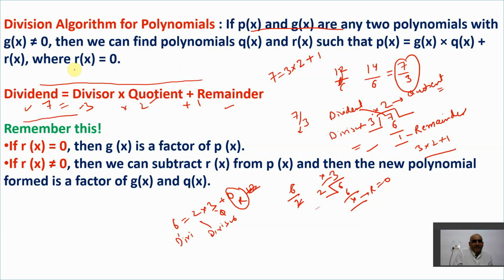See, this rx they have used here for remainder. That means the remainder should be 0 here.